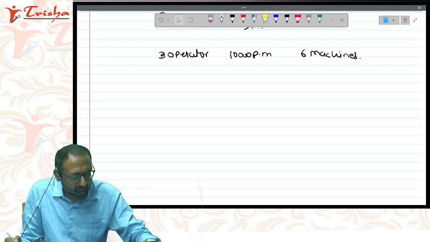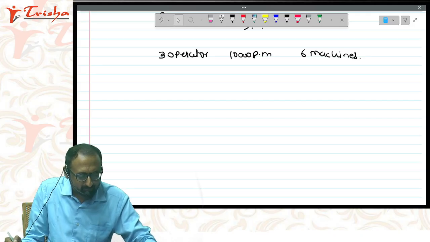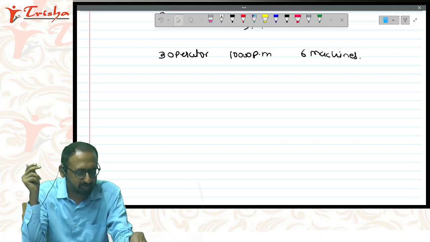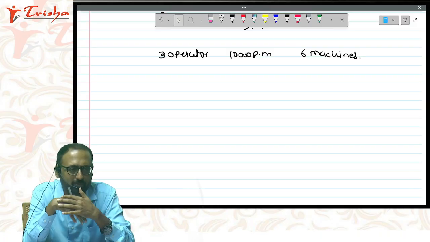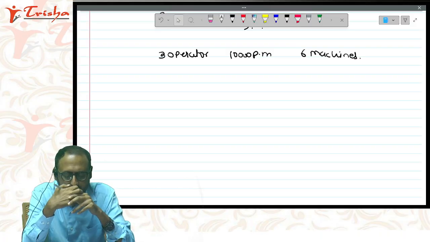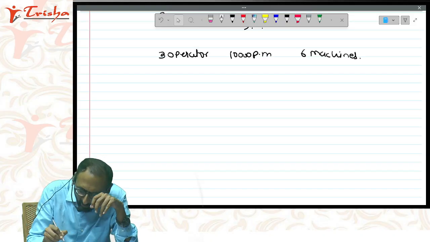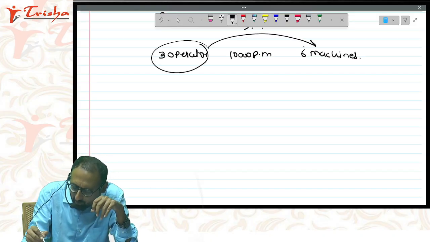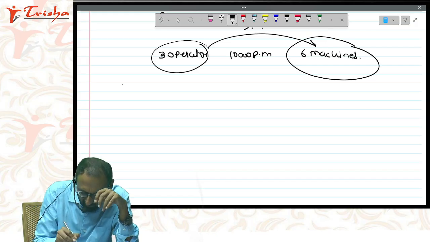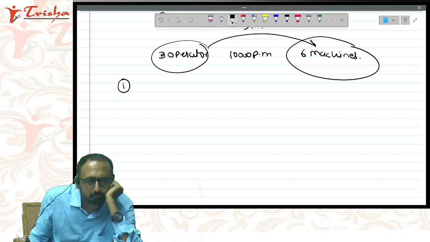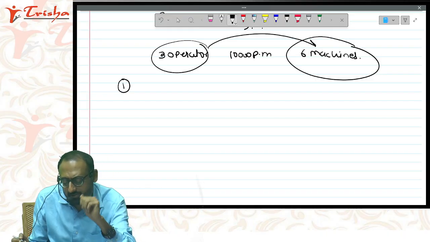Now calculate how much will be the operator wages. 3 operators are there, 10,000 per month is the salary, and they operate 6 machines totally, and I want cost per machine. What will be your answer?